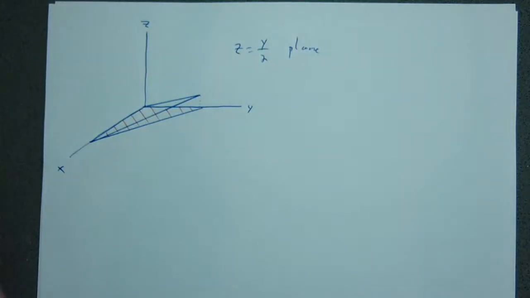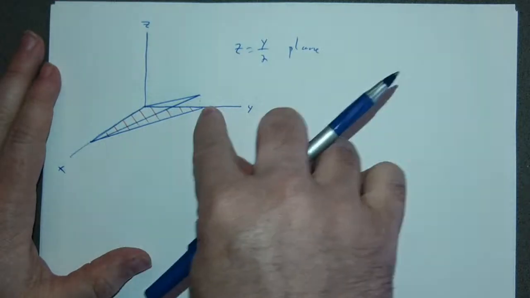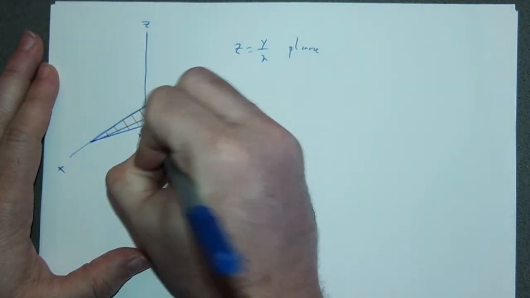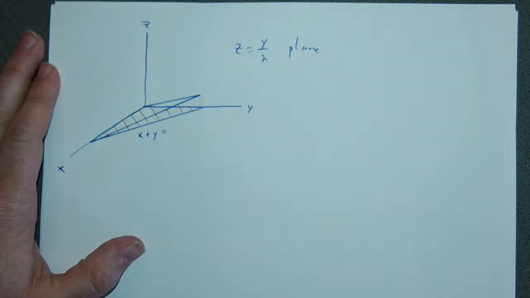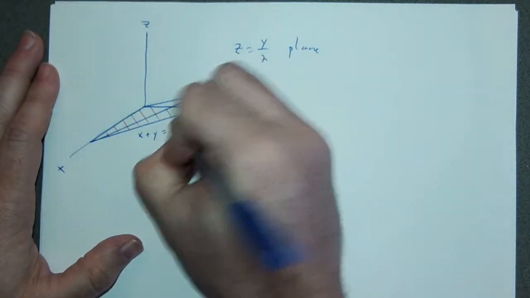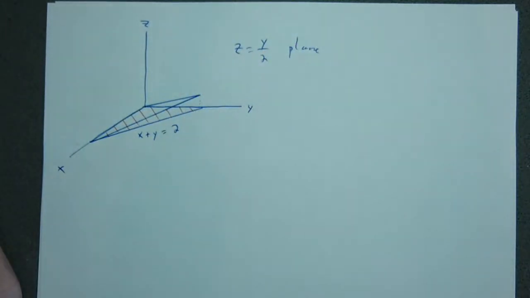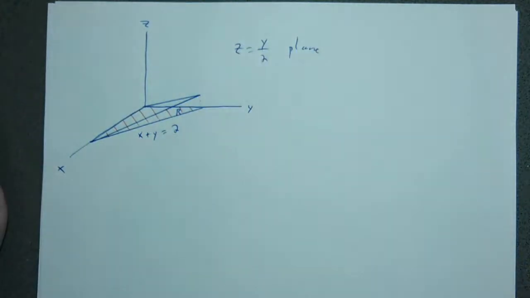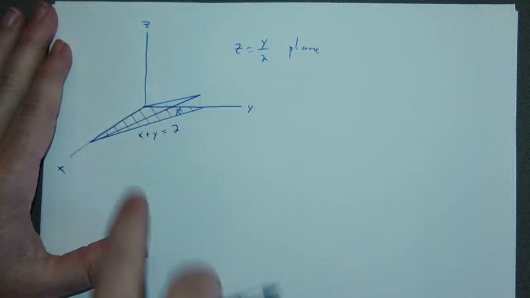cast by that piece. So what is this line in the xy plane? This line bounding the region is the line x plus y is equal to 2. So this is my R here, bounded. This is my region in the xy plane that is the shadow of this sigma.